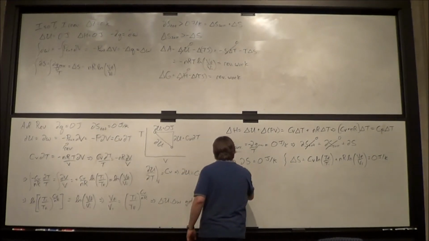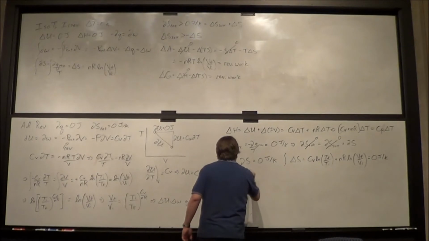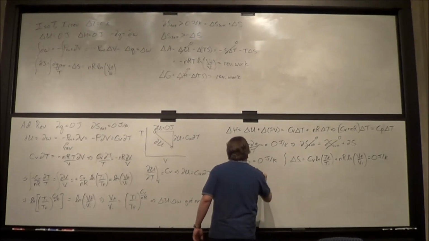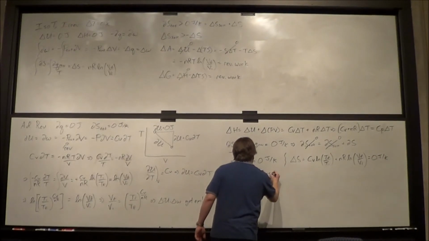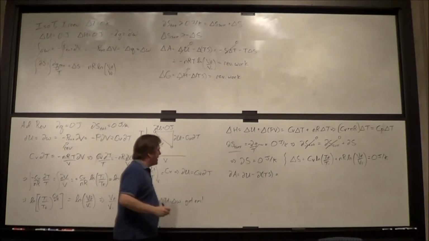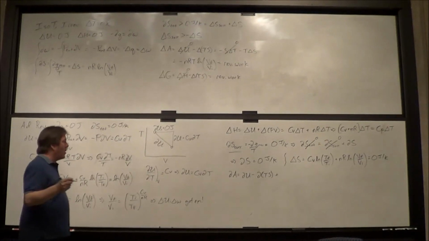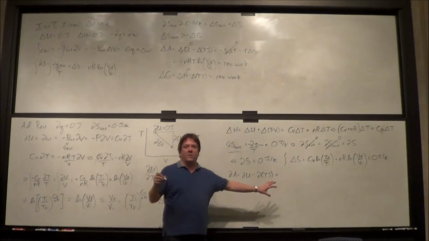Okay, now A. Okay, now A is U minus TS, so the change in A is the change in U minus the change in TS. And I'm writing it like this because this is always difficult. A's and G's, I know I'm not going to find an answer. So I'm not going to integrate it in my head first.